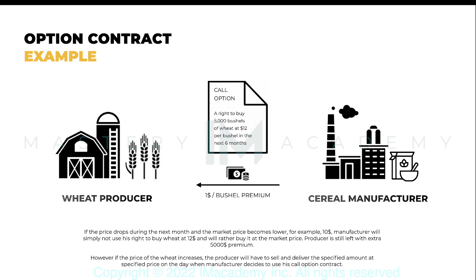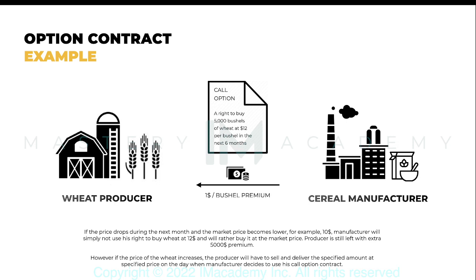Okay? So the cereal manufacturer has a right to buy it, but not the obligation. On the other hand, the wheat producer has an obligation to sell the 5,000 bushels of wheat to the cereal manufacturer if the cereal manufacturer decides to exercise the call option that was signed.